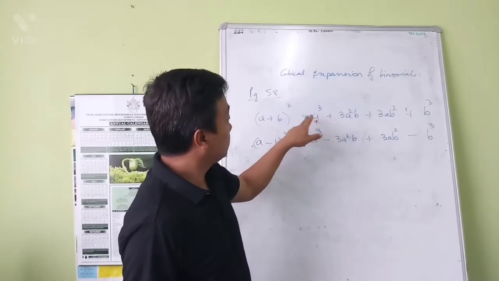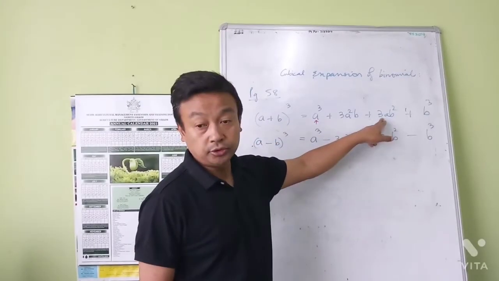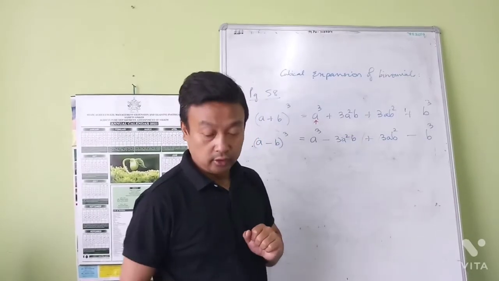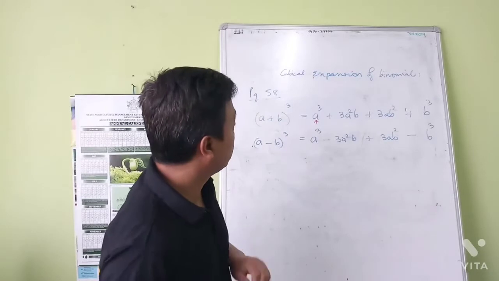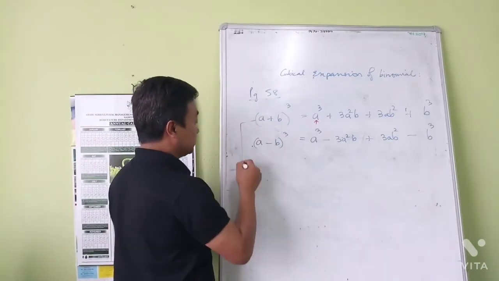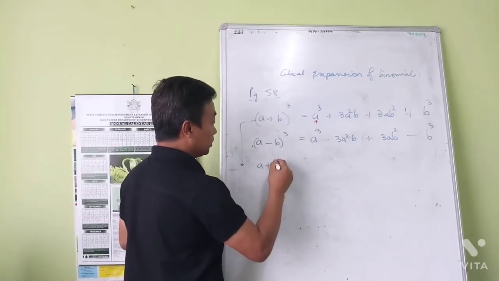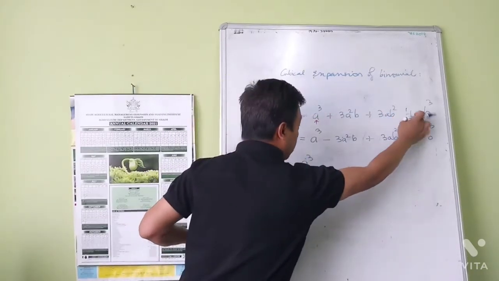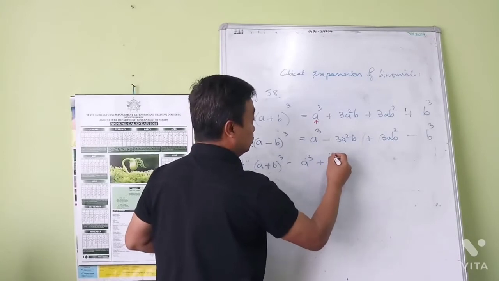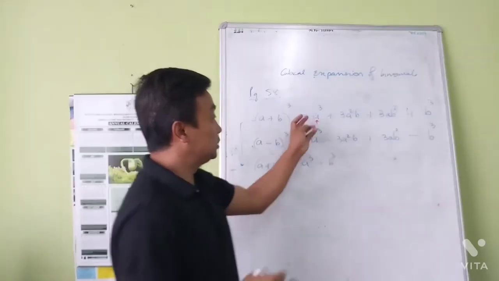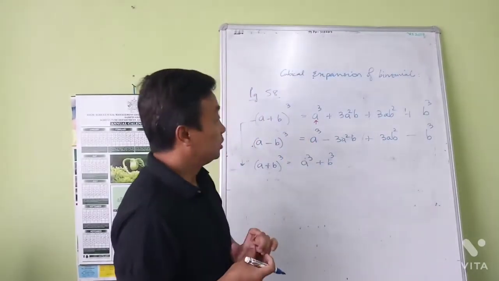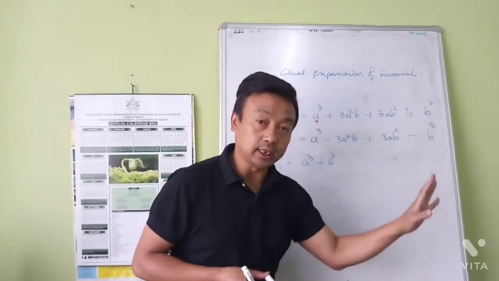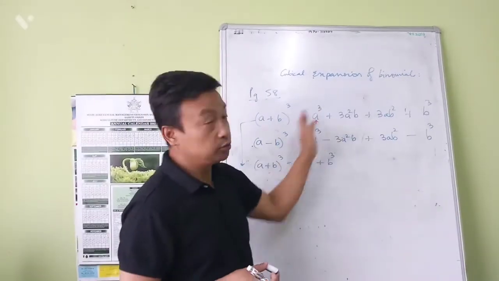You can also look at these two terms, and from these two terms you can take common, and you can also write this formula. The first formula we can also write like this. See, a plus b whole cube equals a cube plus b cube. I have just moved this. It is not transposed. This is just reshuffling of the terms, but all the terms are on the same side, so there is no need to change the sign.